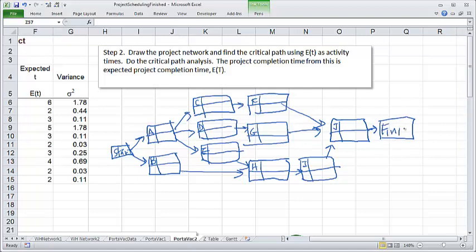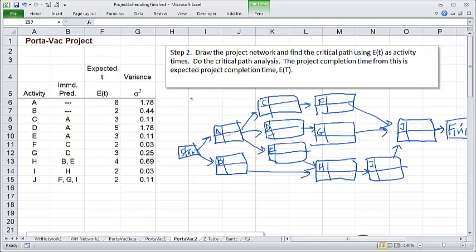So we connect J to the finish node. Now for the activity times, we're going to use the expected durations that we calculated. So 6, 2, 3, 5, 3, 2, 3, 4, 2, 2.